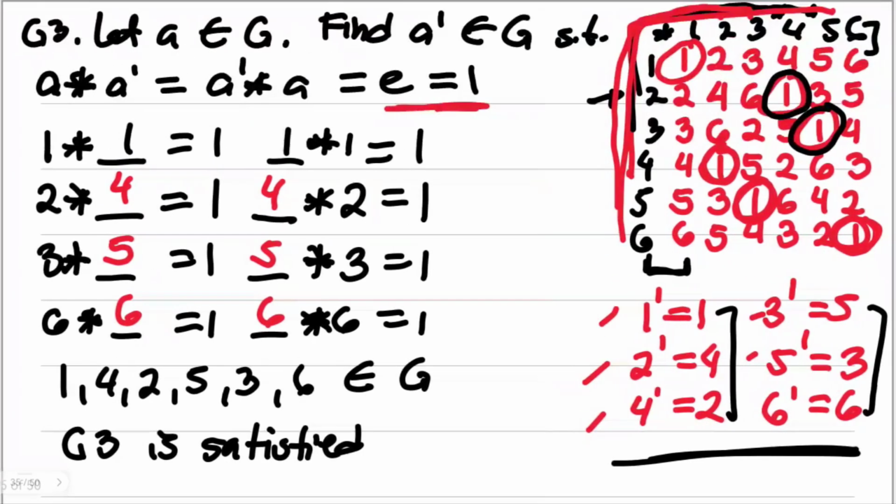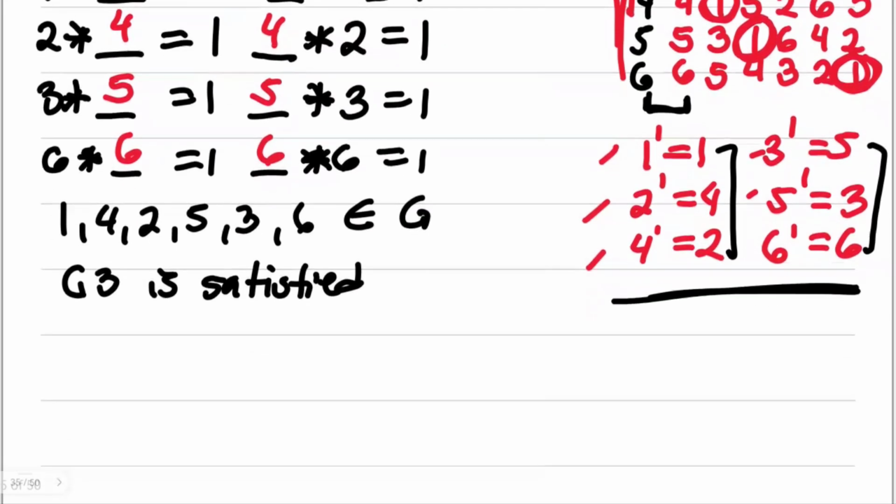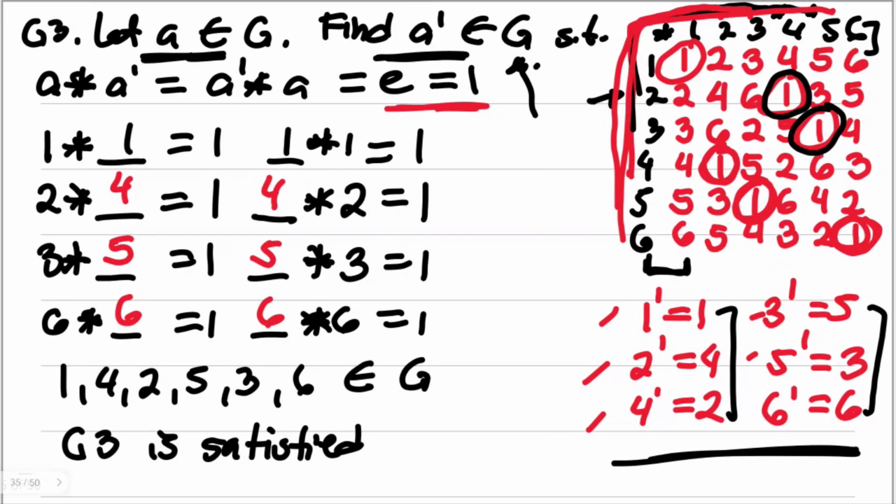Because what you would like to see here is that we need to find A inverse for every A, but that A inverse should always be in G. What if in just one example, the inverse of 6 is 8? Even if all the first 5 are found in G, but 8 is not found in G, that means G3 is not satisfied. Just for the purpose of what if it so happened.